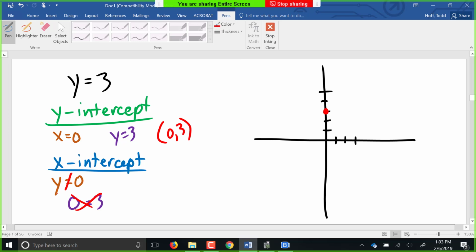Y can't equal 0. So that means there is no x-intercept. The only way that we can have no x-intercept, or never cross the x-axis, is if it's a horizontal line. It is parallel to the x-axis.